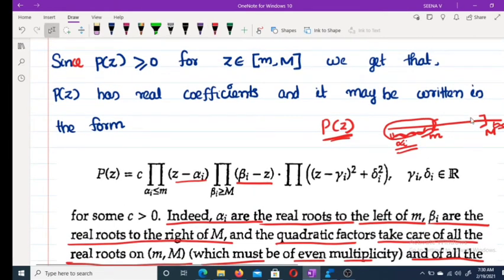So here, if it has some roots here, then you can write this as z minus a.